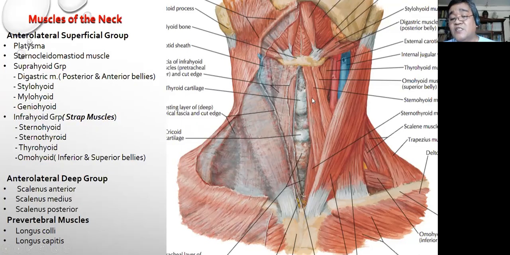Then underneath these two, you have your sternothyroid muscle. Then above, you have your thyrohyoid muscle. So they constitute your strap muscles of the neck. Okay, and the deep muscles, which we cannot see here because we need to detach the sternocleidomastoid muscle as well as the platysma.